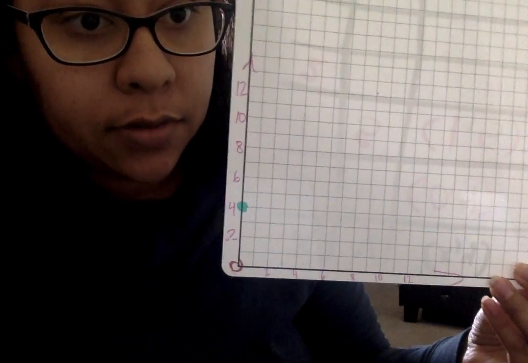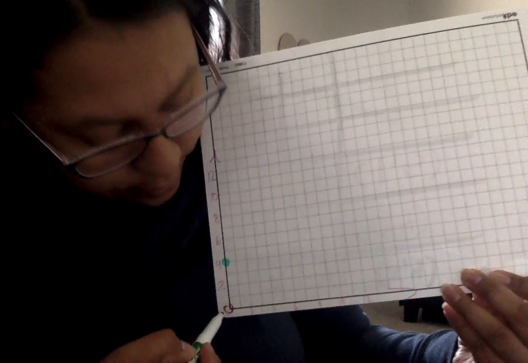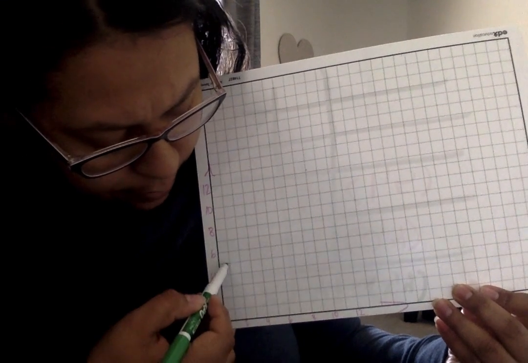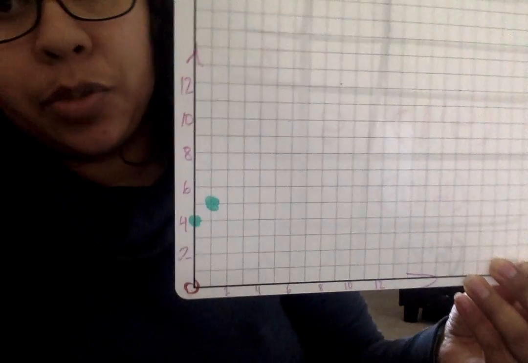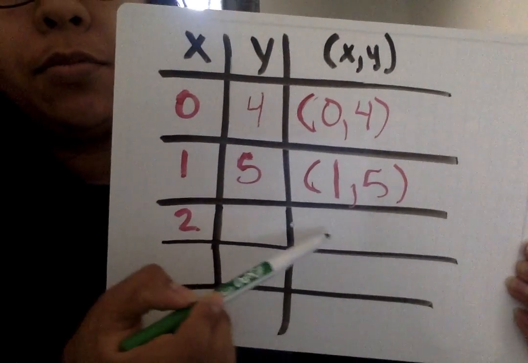Okay, then the next one, 1, 5. So 1 on the x-axis, so that's right here. 5 on the y-axis, right here. There's your point 2. Now your third point needs to be that coordinate pair that you plugged in on your table.